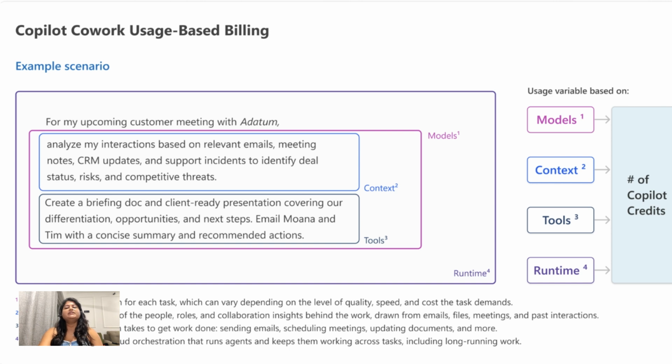The third one would be the tools that you're using. If your task involves creating documents like PowerPoint, Excel, Word, that adds to the cost. And finally, the last one would be your runtime action, like how many times the task is being executed. If the task is a one time task or a scheduled occurrence, you will be billed differently. All four of these factors contribute to the credit consumption.